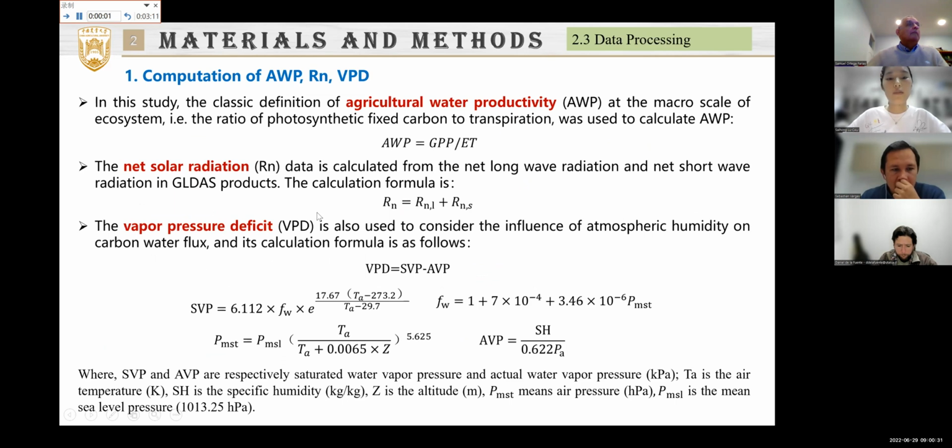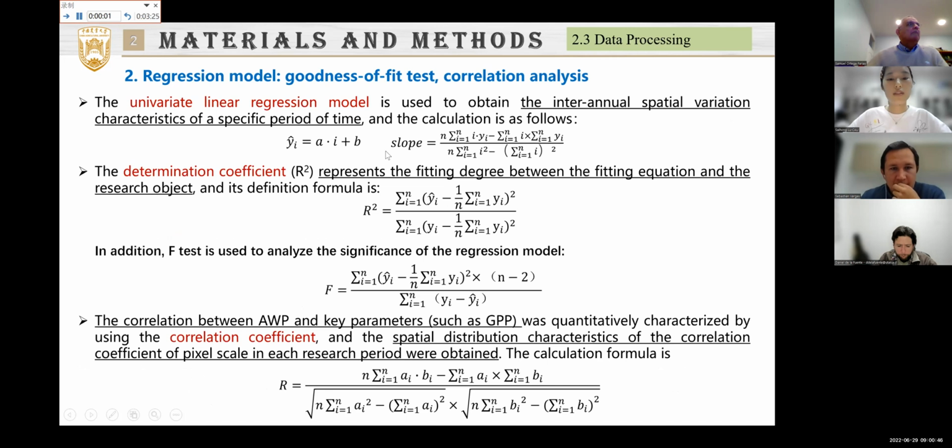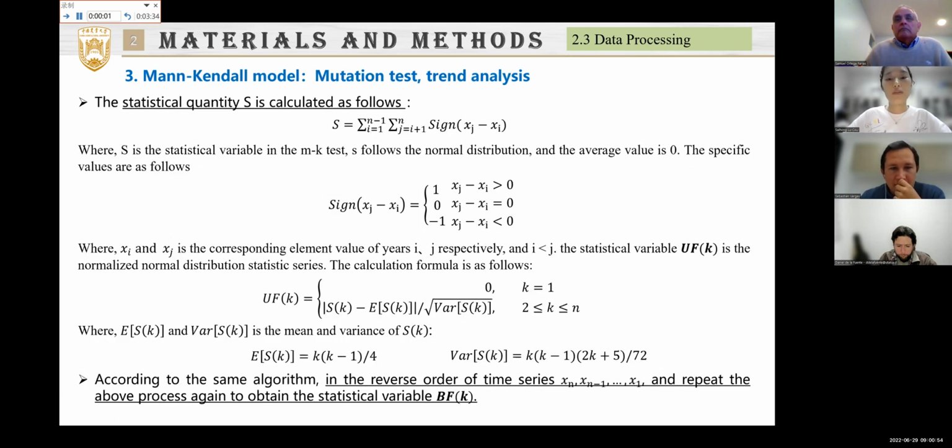In terms of research method, firstly, we adopted the above formula for the calculation of agricultural water productivity, net solar radiation, and vapor pressure deficit. Secondly, we used the regression model for the goodness of fit test and correlation analysis, and the MCAM model for mutation test and trend analysis.